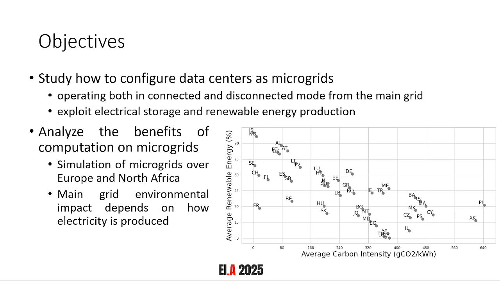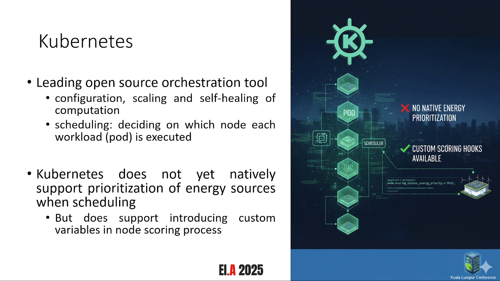carbon footprint. We will use in this work Kubernetes. It's a leading open source orchestration tool that allows you to specify the workload in terms of pods, which are self-contained workloads.